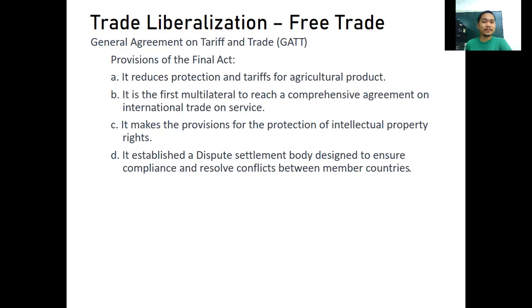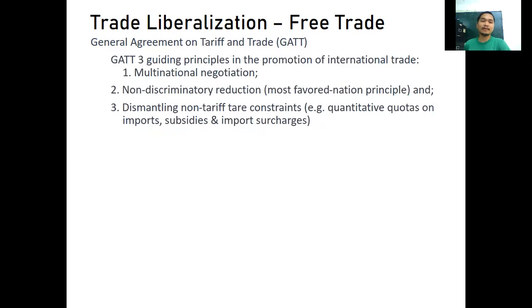So the provisions of this final act, it reduces the protection and tariffs for agricultural product. It is the first multilateral to reach a comprehensive agreement on international trade. Then it makes the provision for the protection of intellectual property rights or IPR, and it established a dispute settlement body designed to ensure the compliance and resolve the conflicts between member countries.